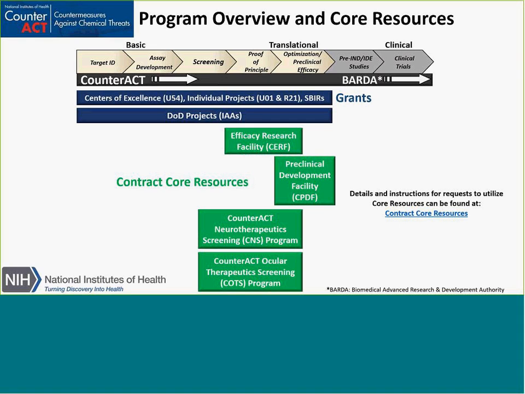The program includes several types of grant programs, to be discussed later, and contract core facilities managed by the Chemical Countermeasures Research Program at NINDS. These programs support grant projects and are used to generate preliminary data for grant applications. The NIH also supports interagency agreements with Department of Defense laboratories that conduct research in this area.